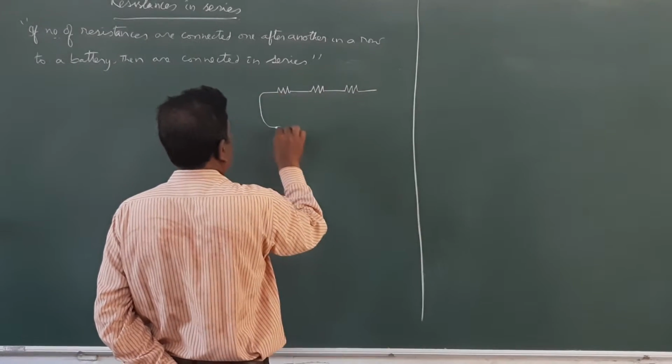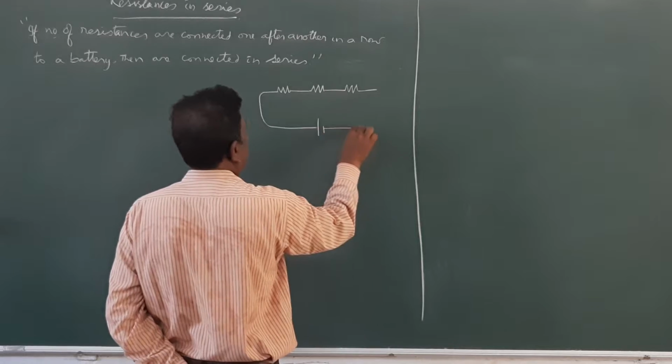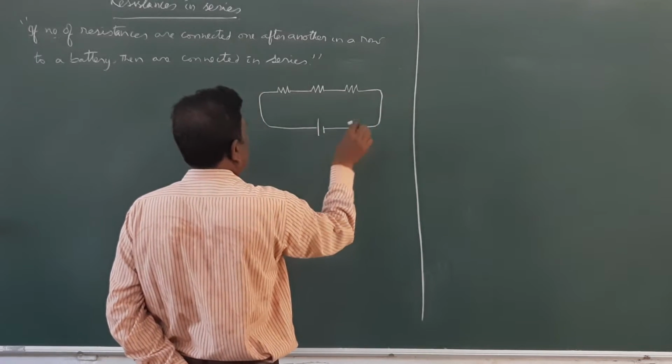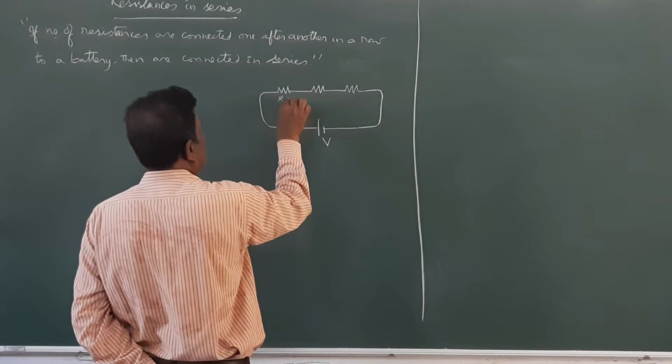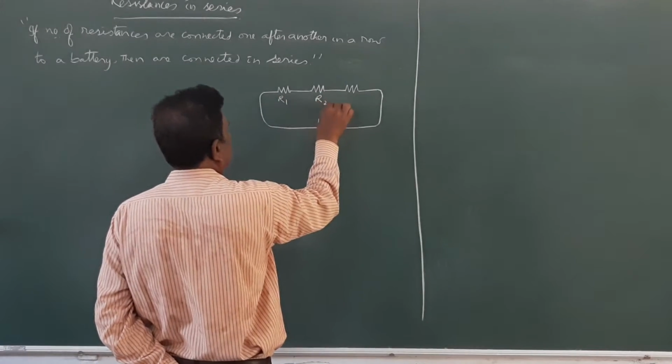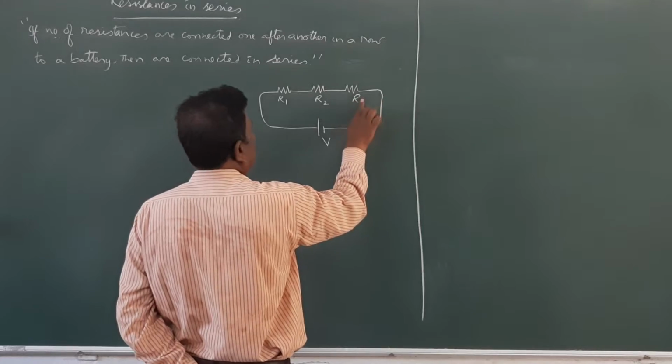These three resistors are connected to a battery that is capable of supplying a voltage V. This is the resistance R1, this is the resistance R2, this is R3.